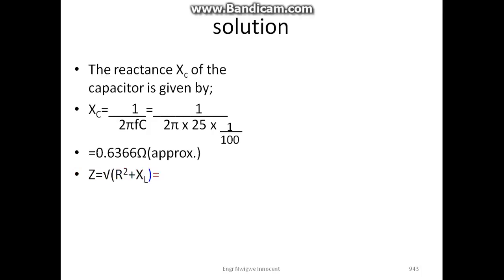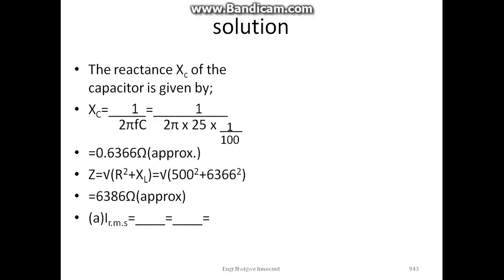Z is equal to square root of, in bracket, R squared plus XC squared, which equals square root of, in bracket, 500 squared plus 6,366 squared, which will give us 6,386 ohms. A. I root mean square is equal to V root mean square over Z, which is equal to 6 over 6,366, which will give us 9.4 times 10 raised to power minus 4 amps.